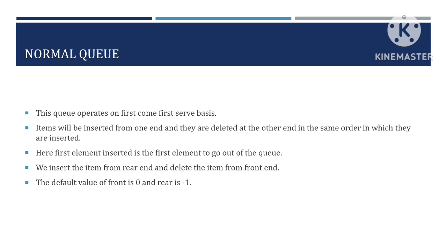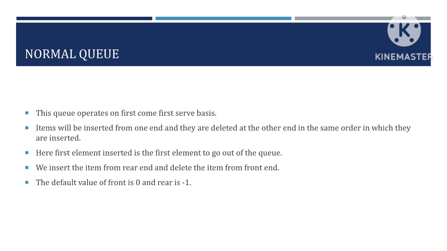So now we start by discussing the simple queue or normal queue. As I told you earlier, in this type of queue the insertion will be done from one end and deletion from the other end. Here insertion is done from the rear end, whereas deletion is done from the front end.